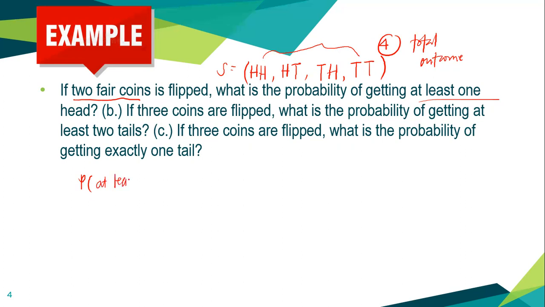So, sulat na lang natin, at least one head. So, again, favorable outcome over total outcome. So, isulat ulit natin so that you would memorize it. Over yung total outcome.